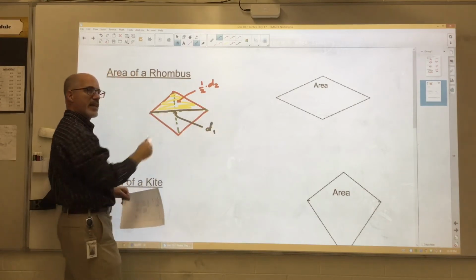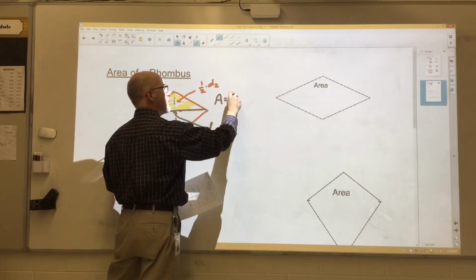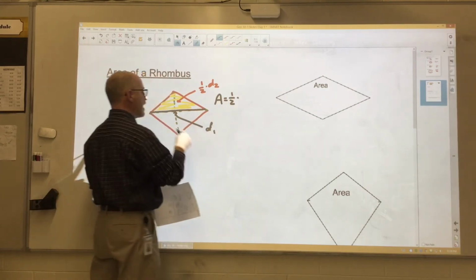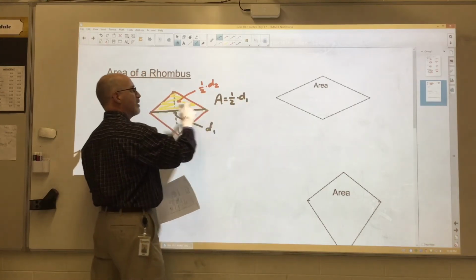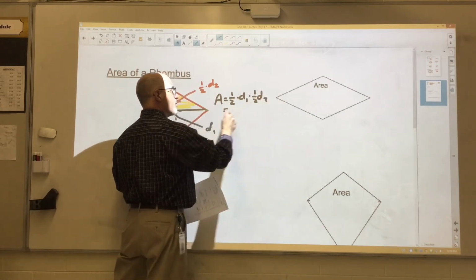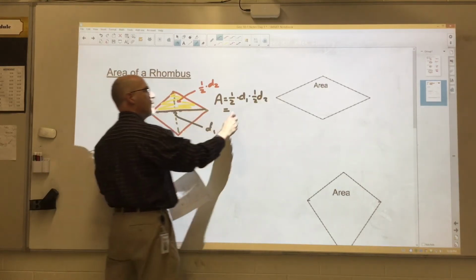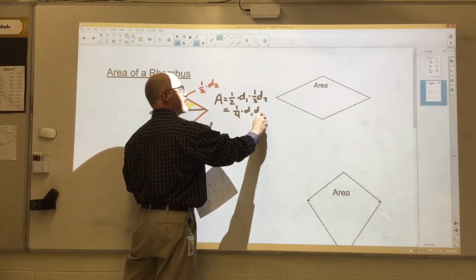So the area of that triangle in yellow is going to be area equals 1/2 times the base, which is D1, times the height, which is half of that other diagonal. So the area of one of these triangles in yellow is going to equal 1/4 times the two diagonals.